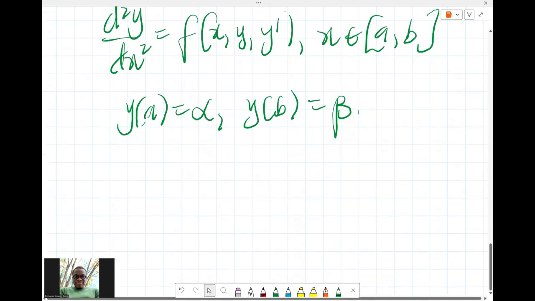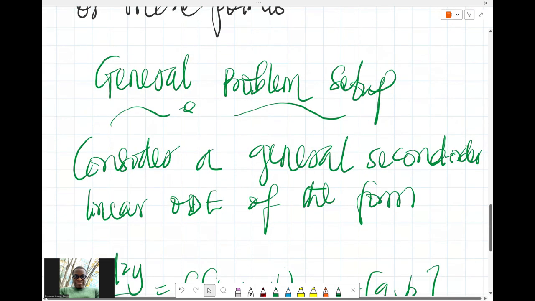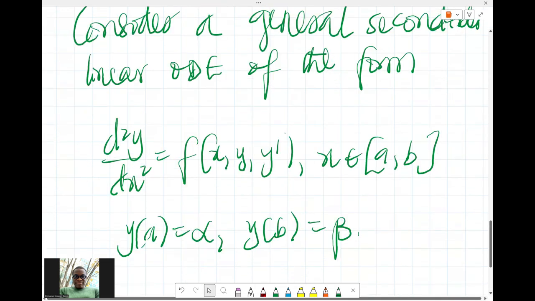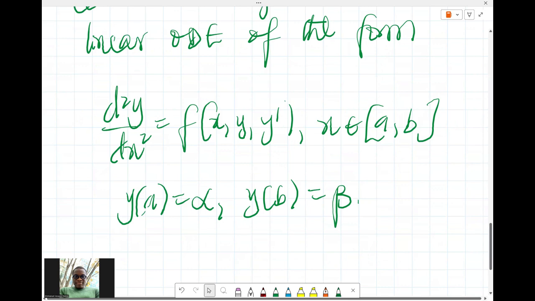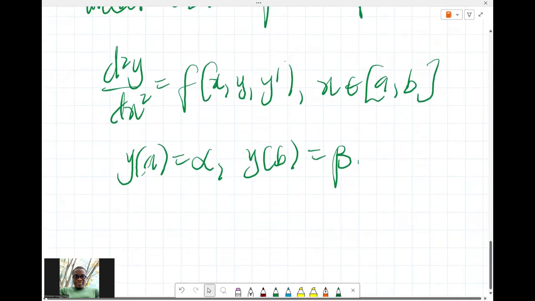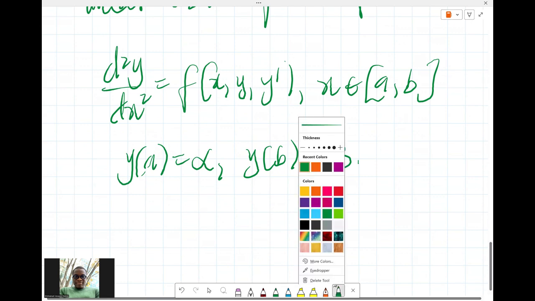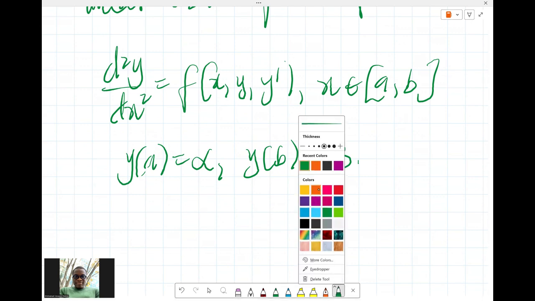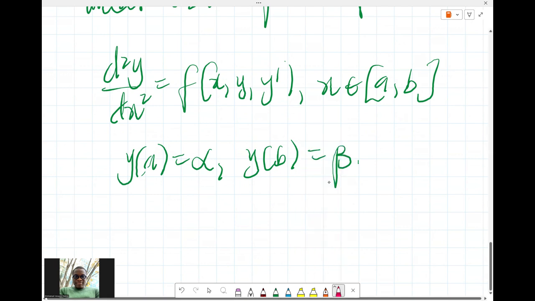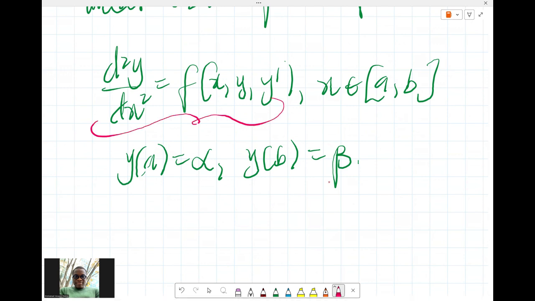Okay, so how do we go about it? This is more like the general problem for boundary value problems. Here you have the differential equation.